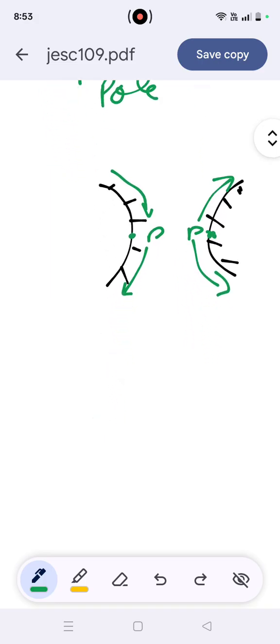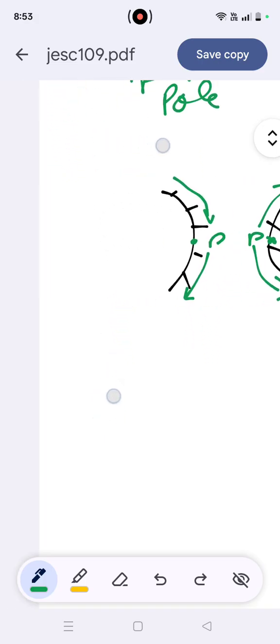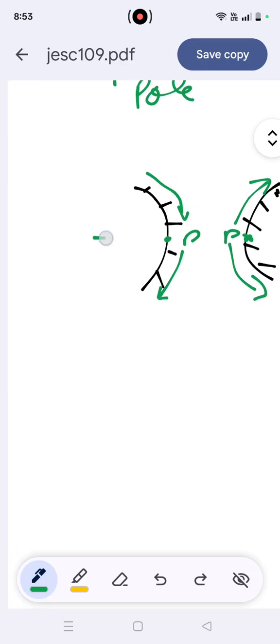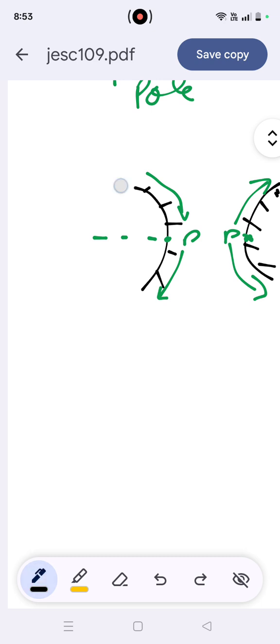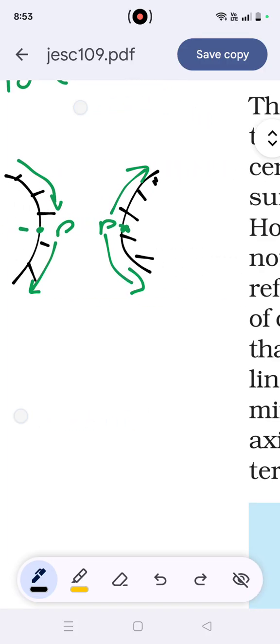Then we have the center of curvature. We are doing spherical mirrors, so it forms a sphere like this.